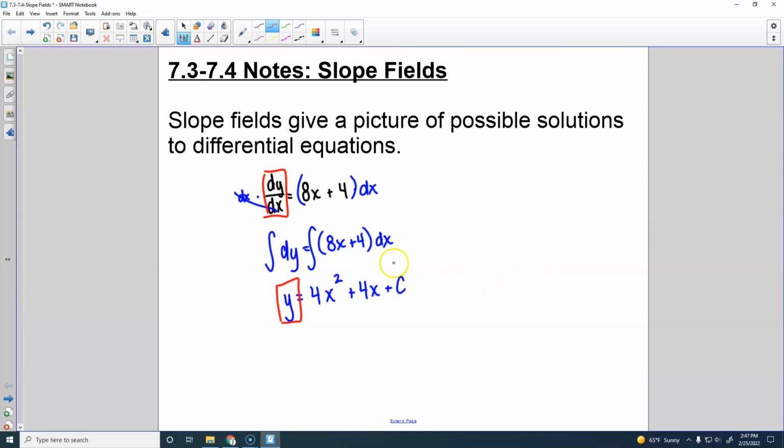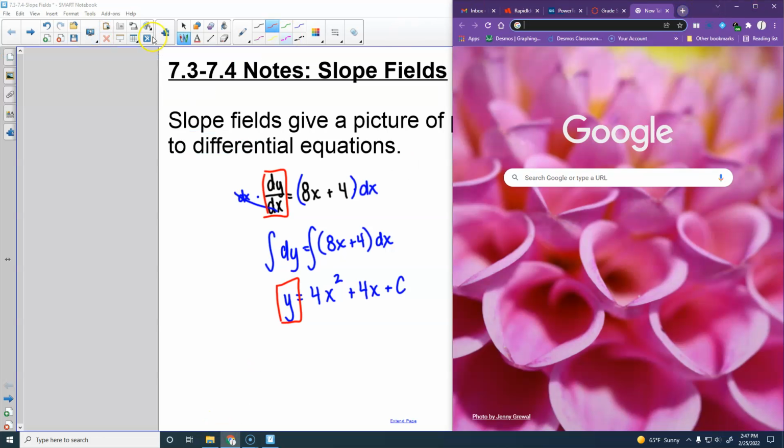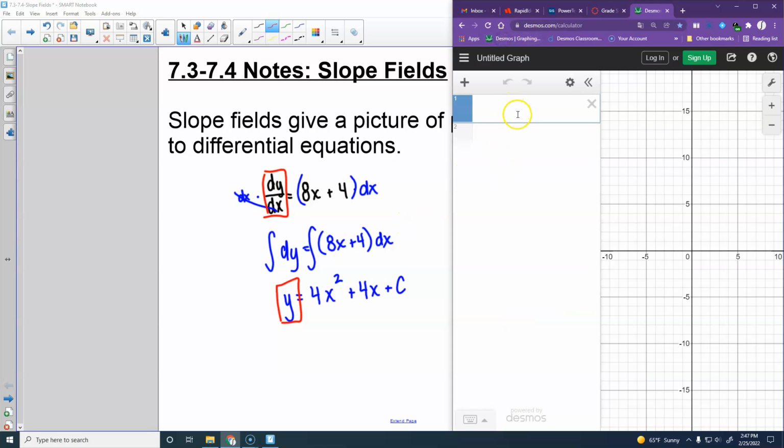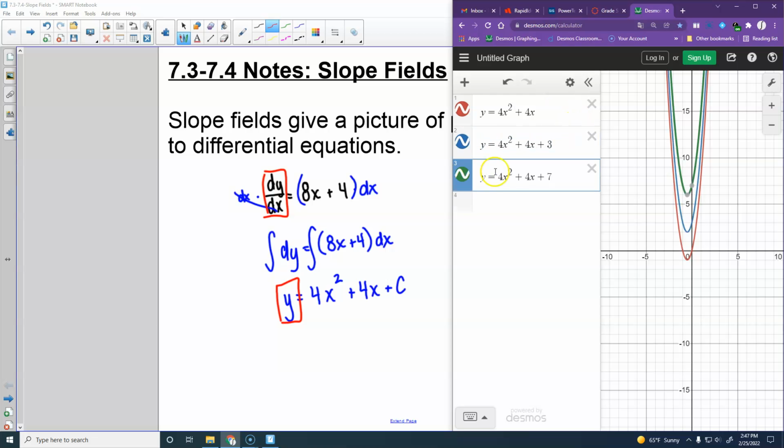Now, whenever we think about what this looks like, it is not one graph. It is many graphs, because of that c. So y equals 4x squared plus 4x plus 0. But it also equals 4x squared plus 4x plus 3. And it also equals plus 7.